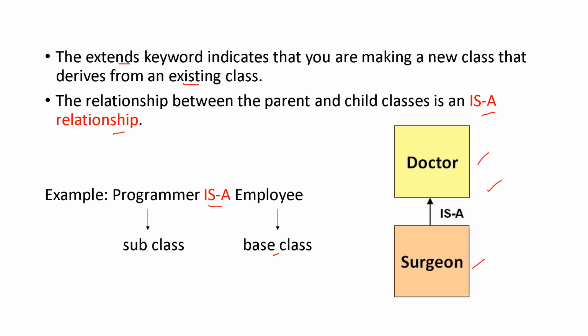So this is the is-a relationship. Surgeon here is a derived class which has been derived from the base class Doctor. So the parent and the child classes have an is-a relationship.